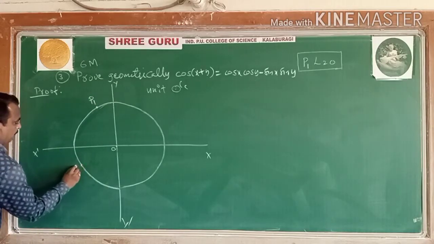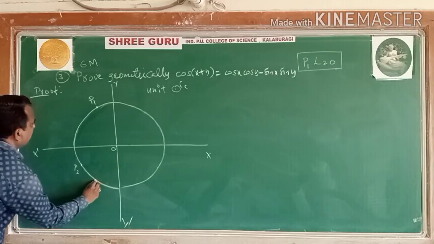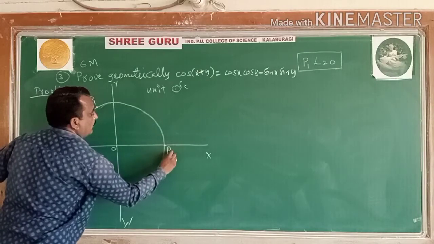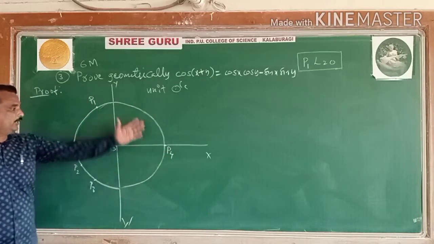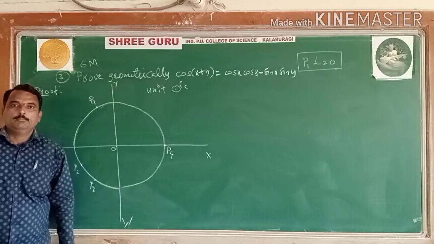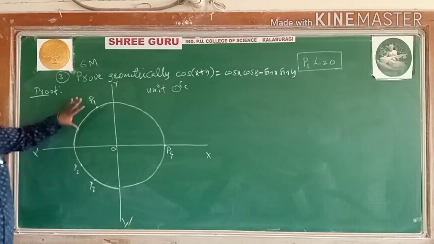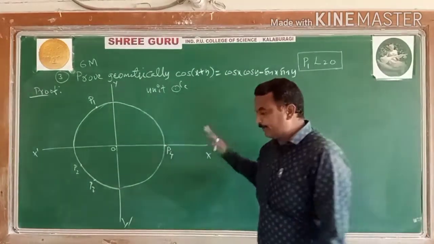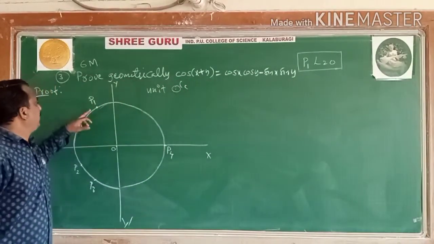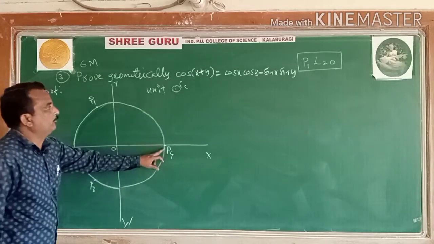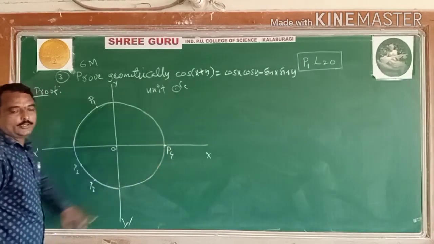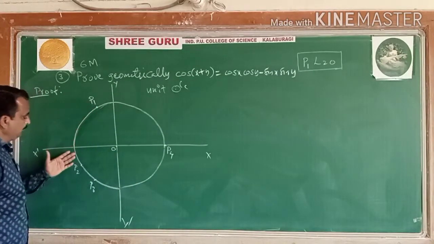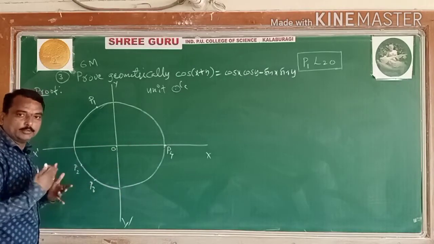I am marking four points, the vertices P1, P2, P3, P4, on the unit circle whose center is at origin O. Why am I marking them? We will come to know next time.